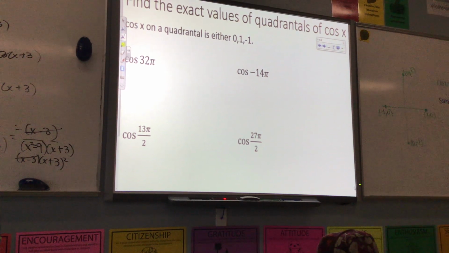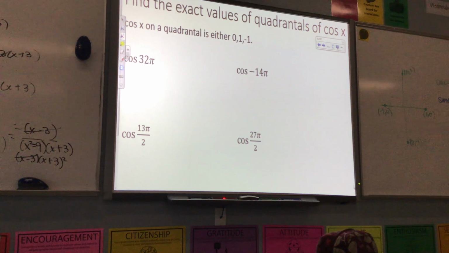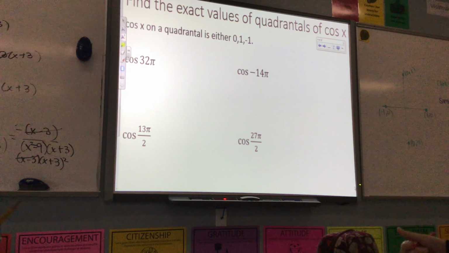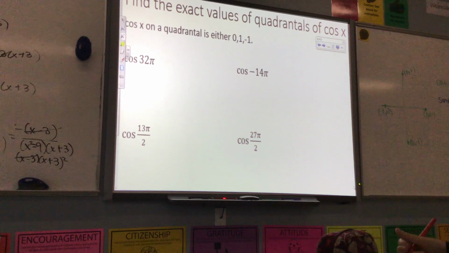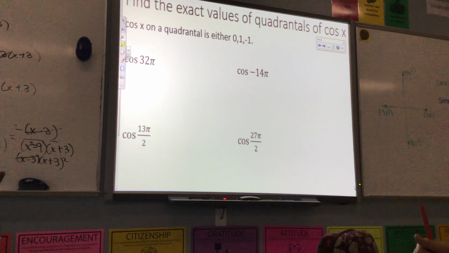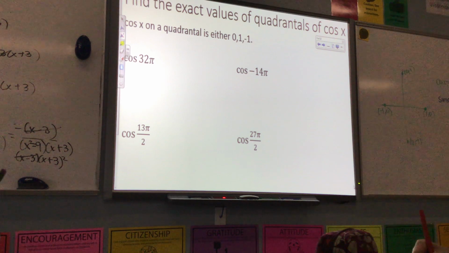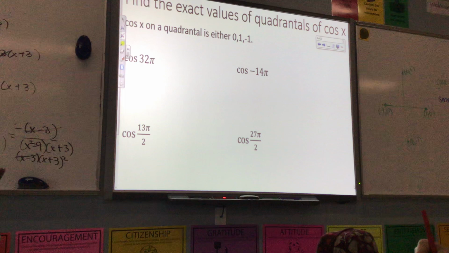You're looking at the pattern that's happening on your cosine graph at all your whole number pi's. What's happening on your graph? Is it a max? Is it a min? Is it a 0? It's either a max or a min, right? Your maxes all occur at what kind of number, even or odd?